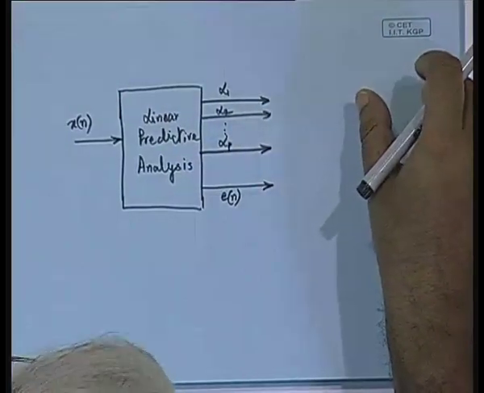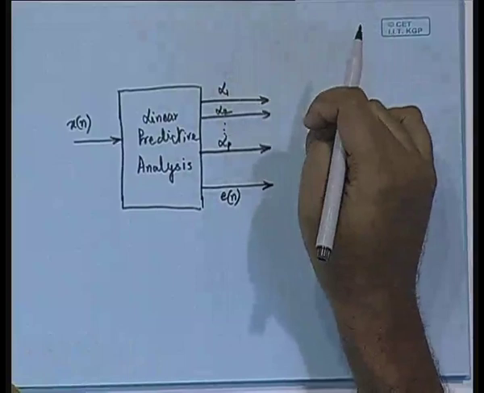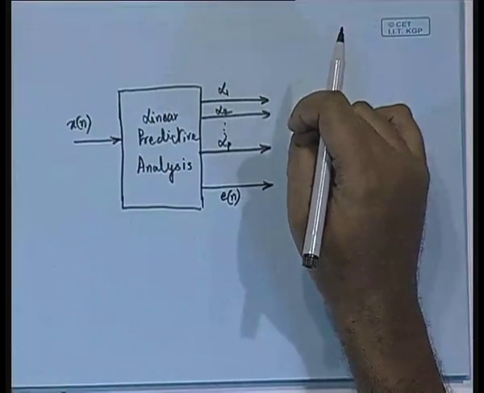Now out of all these things, alpha 1 to alpha p and E of n, which will essentially be the analysis parameters, we had said that alpha 1 to alpha p are going to be slowly varying, because if we do the analysis on actual speech samples, we observe that they change only with the change of the syllables.